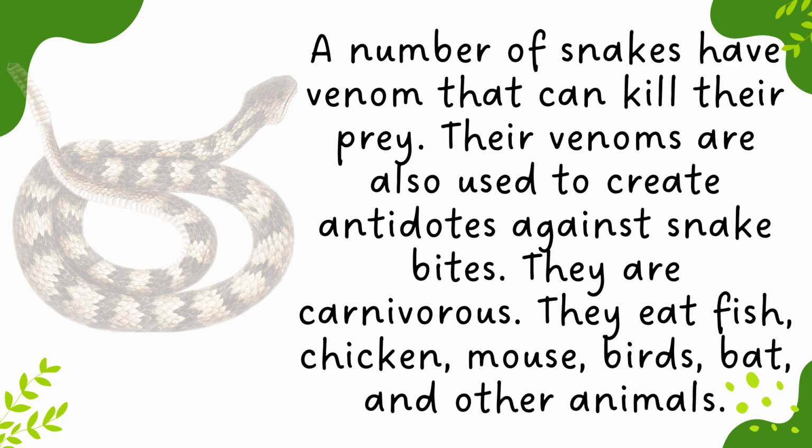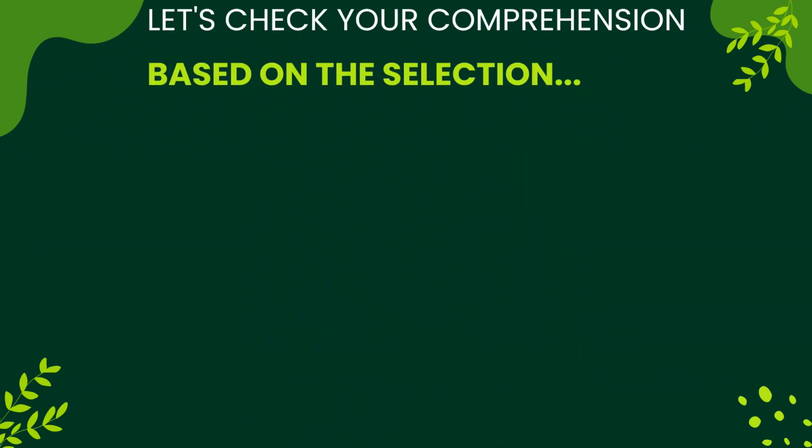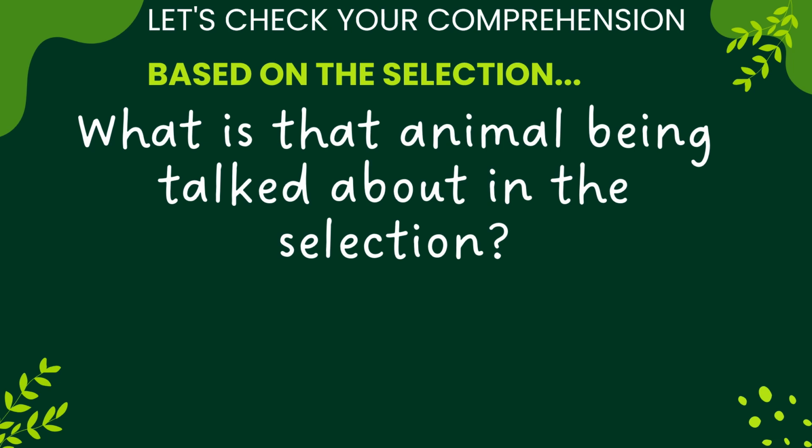So did you understand the short selection that I've read? Let us check your comprehension. I have here questions based on the selection. What is that animal being talked about in the selection? Comment down below.